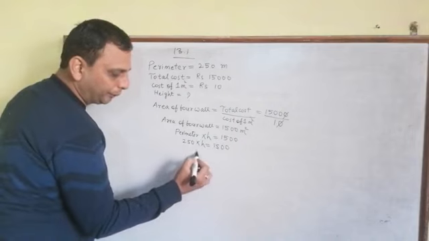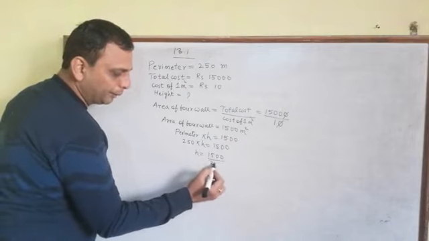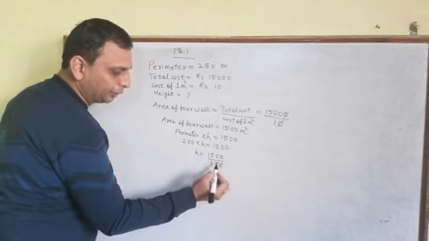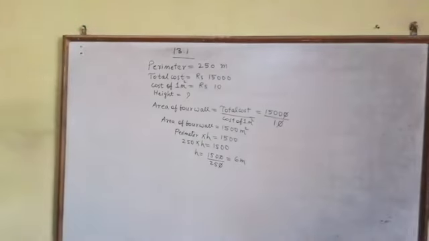So H will be equal to 1500 divided by 250. The zeros cancel, and it will come to 6 meters as the answer. So I got the height as 6 meters. So this completes question number 3.